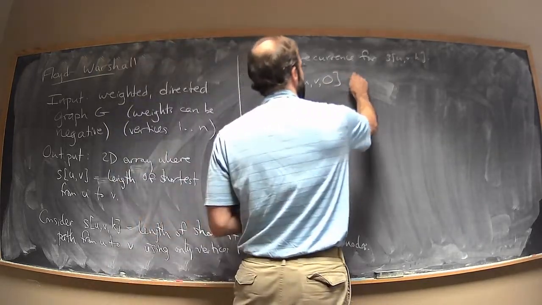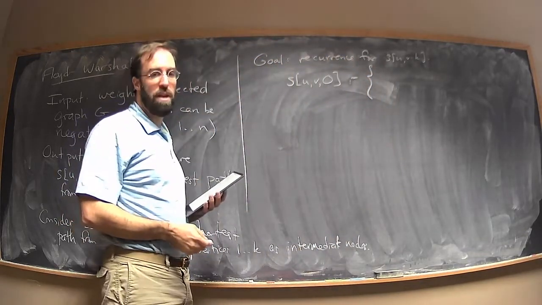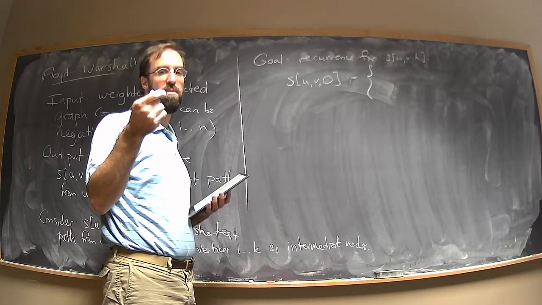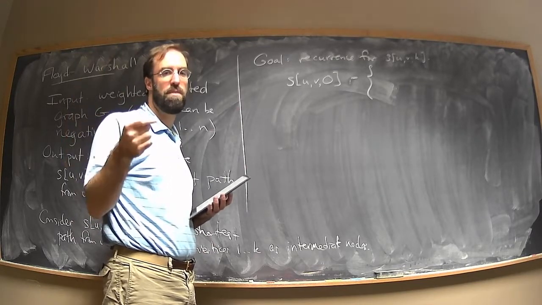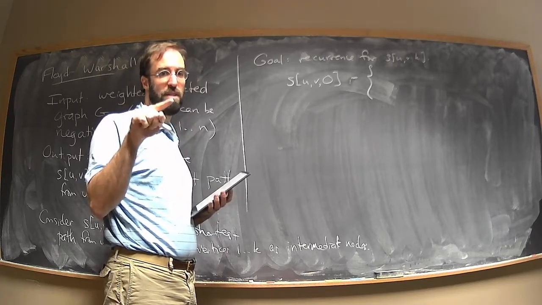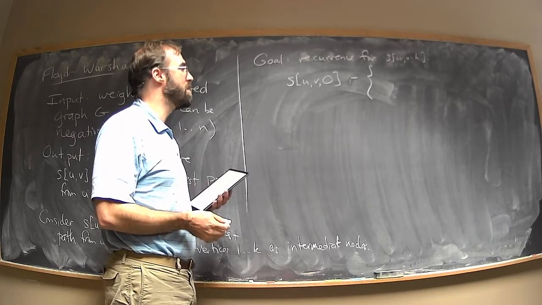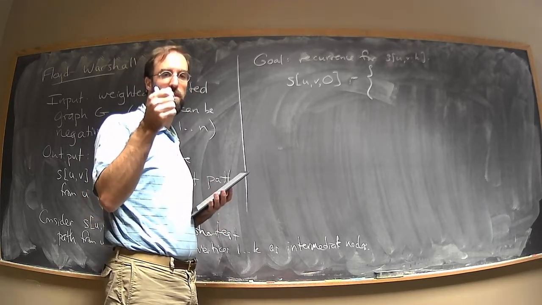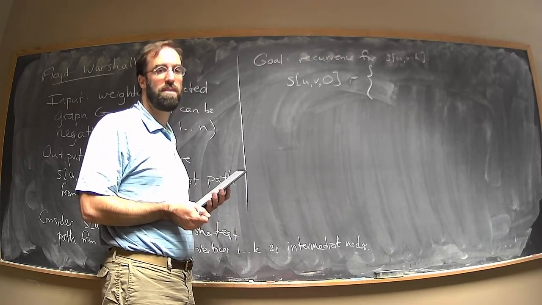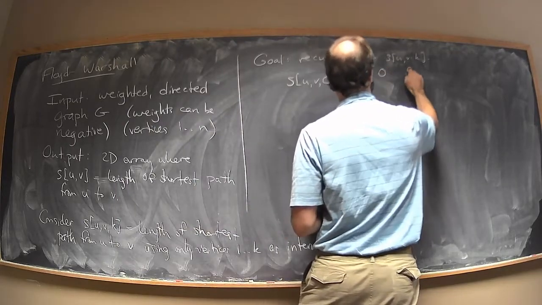First of all, if u equals v, then I'm just looking for a path from a vertex to itself, and I'm not allowed to use any intermediate vertices. Which means in particular I can't go around a negative cycle. There might be a negative cycle from u back to itself that would be smaller than 0, but if I'm not allowed to use any intermediate vertices, all I can do is stay at u, and the shortest length is going to be 0. So this is going to be 0 if u equals v.